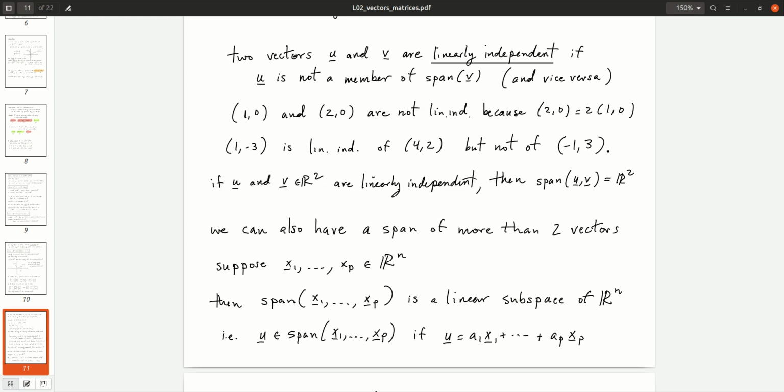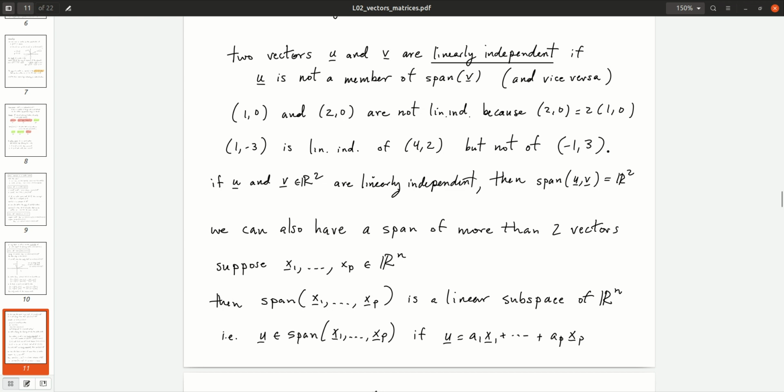Now, we've done one vector, we've done two vectors. You can see where this is going. We're going to talk about the span of an arbitrary number of vectors, let's say p vectors. The span of p vectors is going to be a linear subspace of Rn, which means the linear combination of those p vectors is going to be an element of Rn.